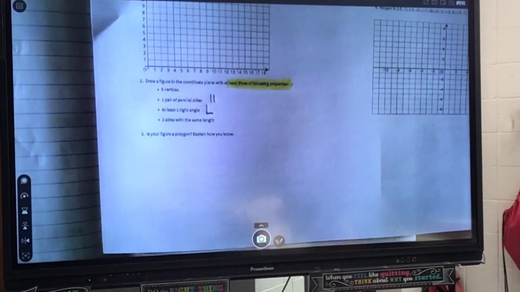If you do finish before the time is up, you may stand up. Make sure you have all the criteria that you picked.